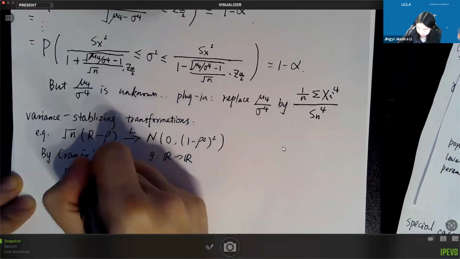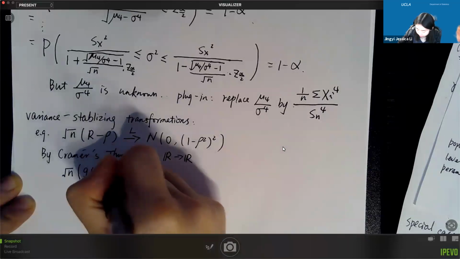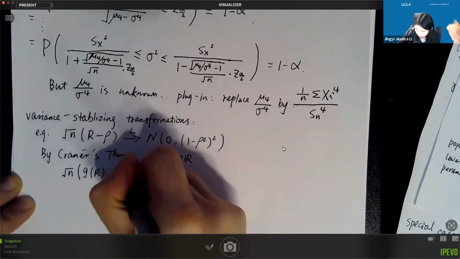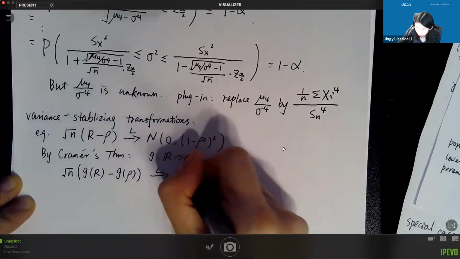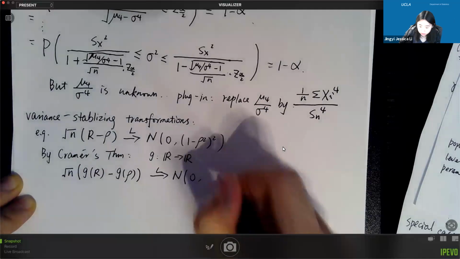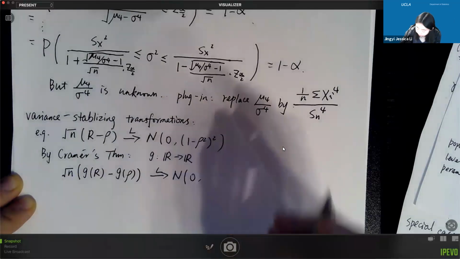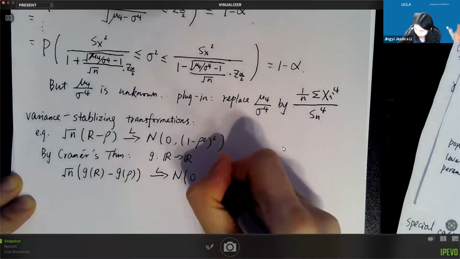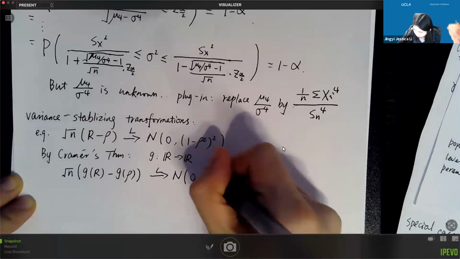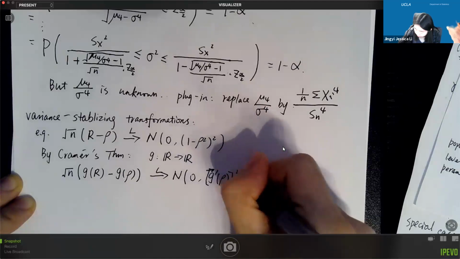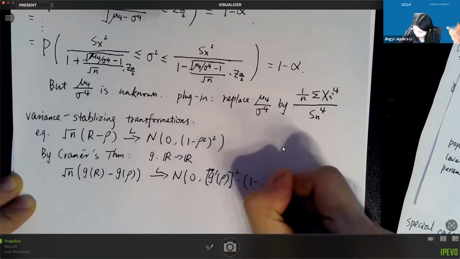And we want to say that by the theorem, we have g(r) minus g(rho) converge in law to normal distribution mean 0. And this part would become g prime rho square times 1 minus rho square square.